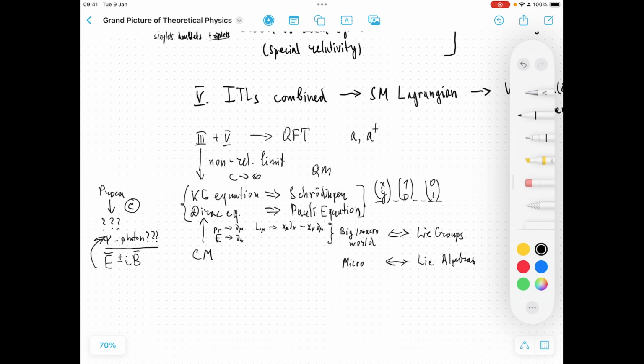Anyways, that's how you come up with quantum mechanics. You use non-relativistic limits and Lie algebra elements, and you come up with equations like [x, p] equal to something like the identity. So you get the non-commutative relationship between the operators in quantum mechanics, and you come up with the Heisenberg principle.